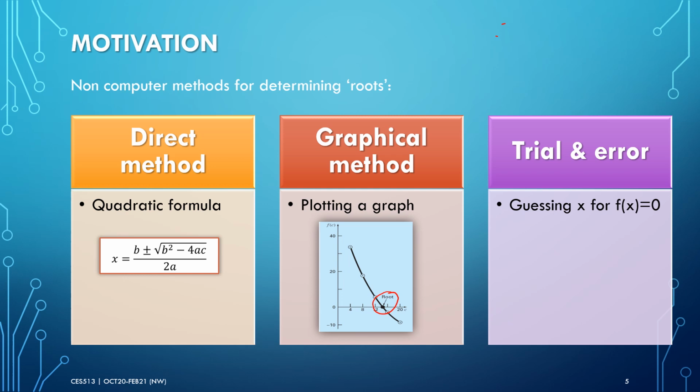These unsystematic methods are obviously inefficient and inadequate for the requirement of engineering practice because we need a very precise answer. Thus, the techniques that will be described later in this video represent an alternative that are also approximate but employ systematic strategies to find the equation root.